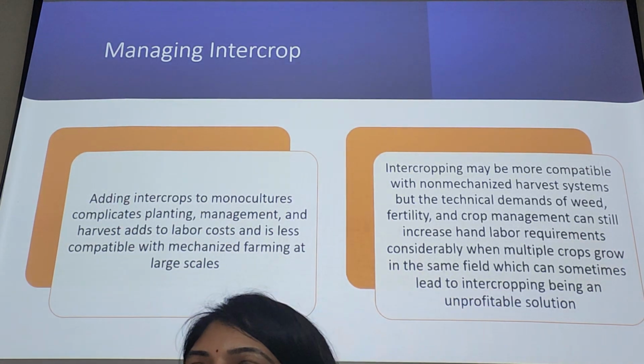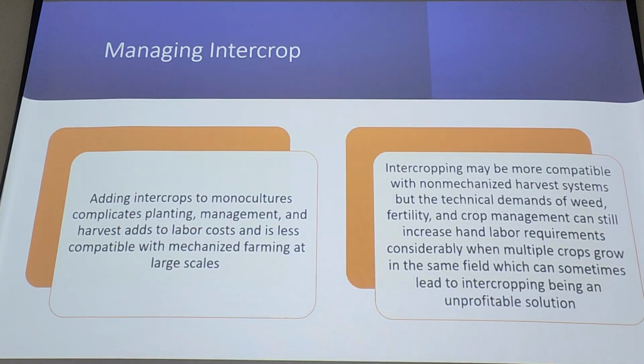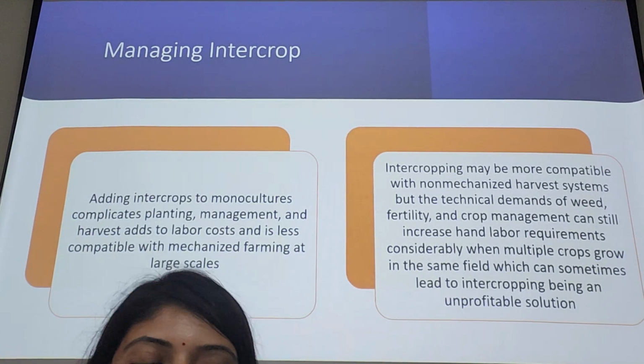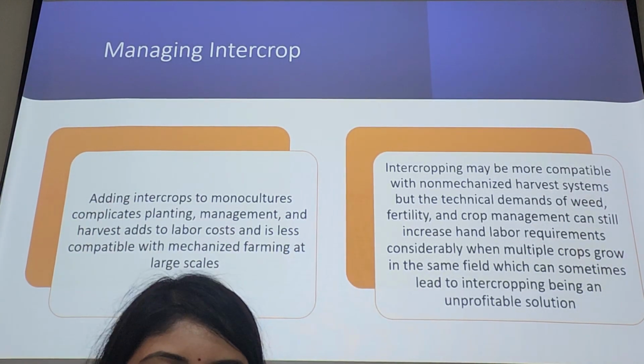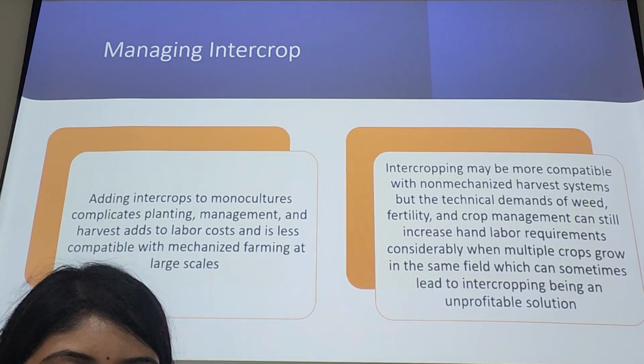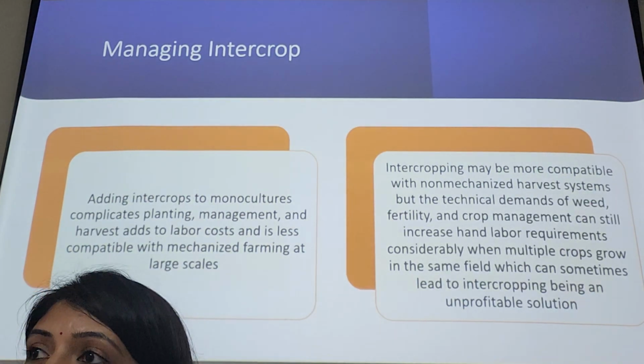So managing an intercrop system. Adding intercrops to a monoculture system actually complicates the planting of the crops, the management of crops, and also harvest, which directly adds to the labor costs. And usually when we intercrop, it's very difficult for us to use mechanization.